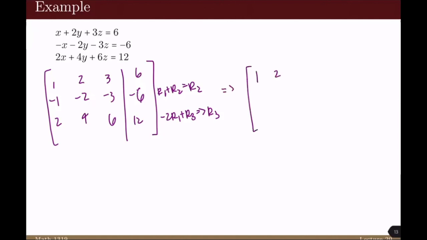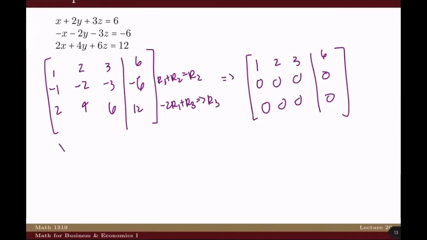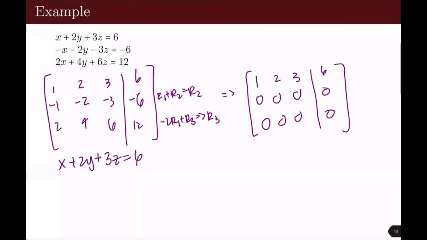So then what we will have is 1, 2, 3, 6, and zeros, which is really nice because that means we only really care about this one equation, which is going to be x plus 2y plus 3z equals 6. And then we'll have, so this is going to be 0 equals 0 and 0 equals 0.